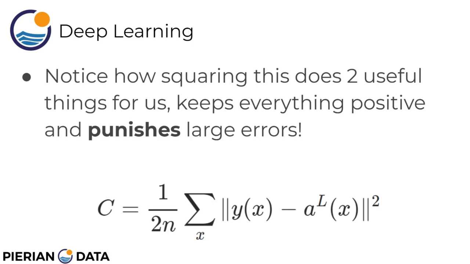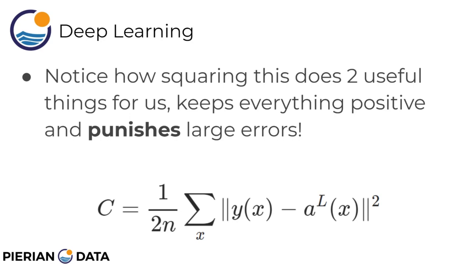The other and much more important thing it does is it punishes really large errors. Sometimes you have some data points that you're really off on, and if you square that error, then it grows exponentially in terms of your cost. So maybe you're off by $10 in whatever units you're trying to measure, but your cost reports that in units squared.